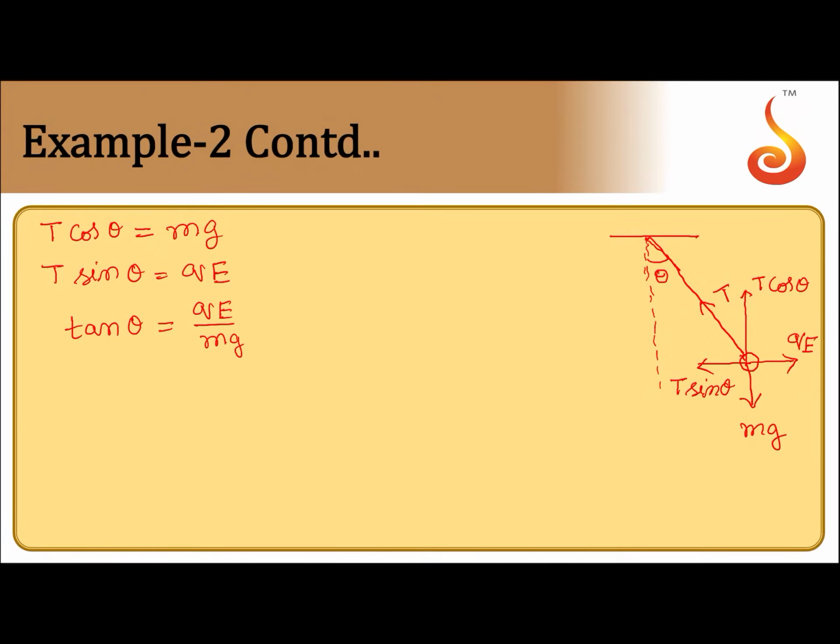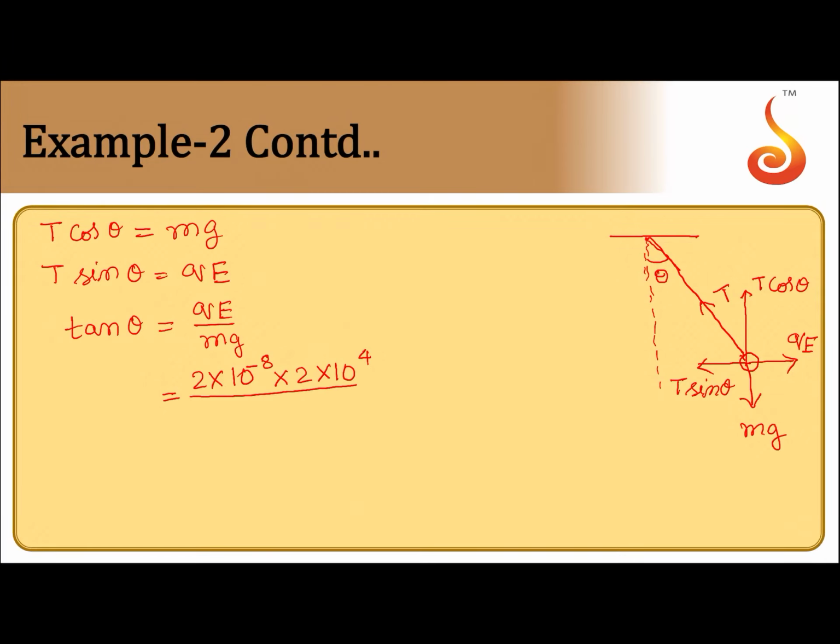So, they have given all the values. So, just substitute and simplify. Q is 2 into 10 to the power minus 8. Electric field is 20,000, that is 2 into 10 to the power 4.